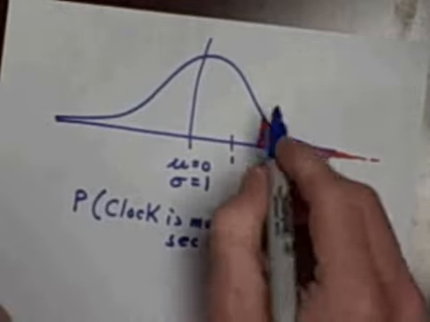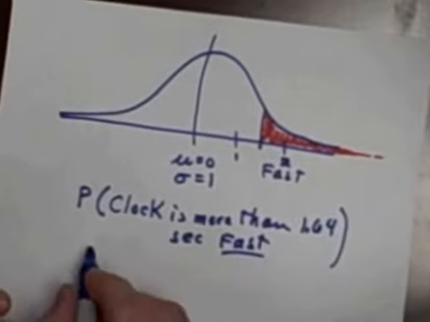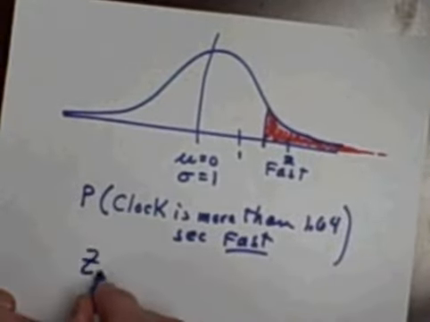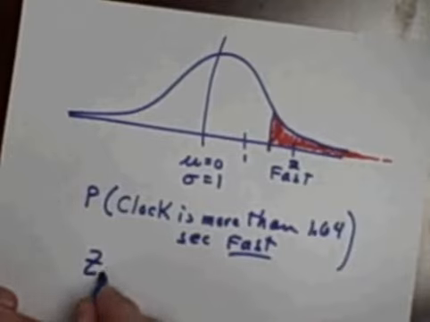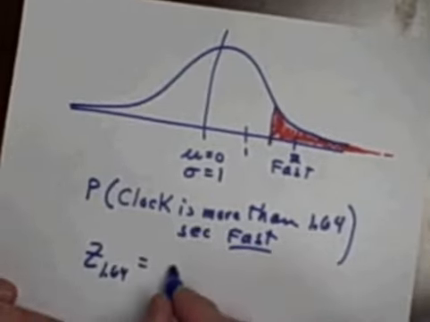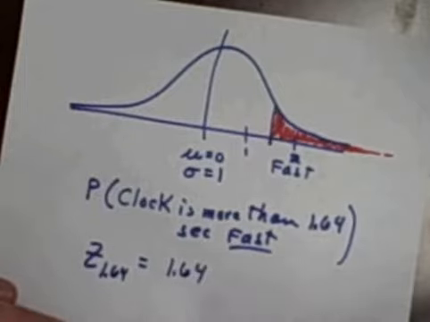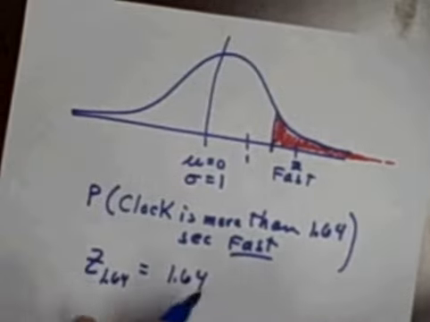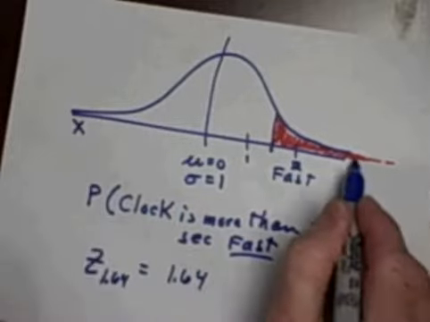So once again, here's my boundary line. I first have to change my boundary line to a z-score, but we know that for the standard normal distribution, the z-score for 1.64 is going to be 1.64, just whatever my x value is. This is the x-axis, recall.